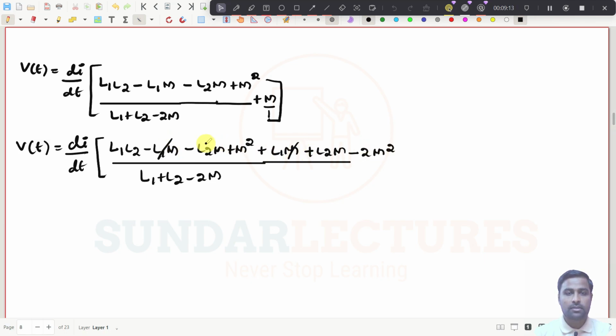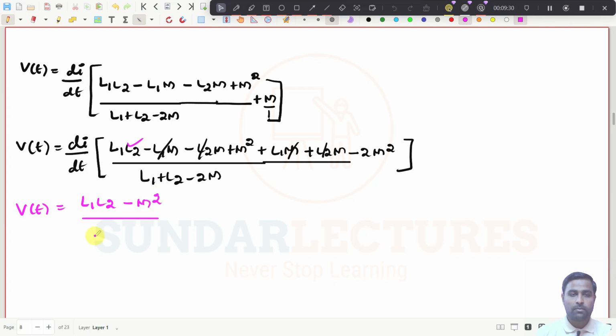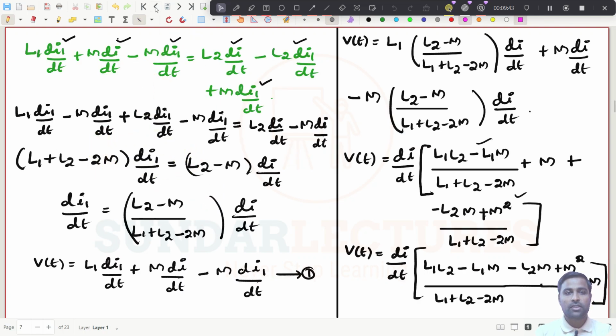These terms will be cancelled out, and finally if I write the expression, V of t will be equal to L1 L2 minus m square divided by L1 plus L2 minus 2m, this whole term, multiplied by di by dt. See, I have got this expression, right?